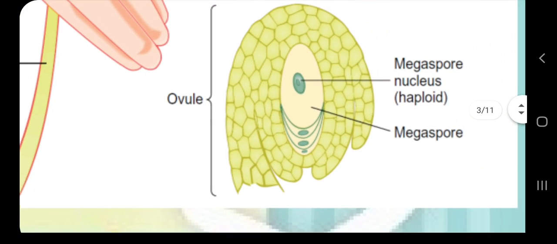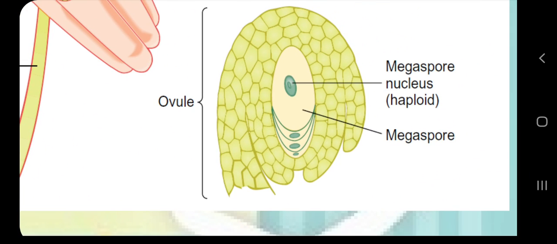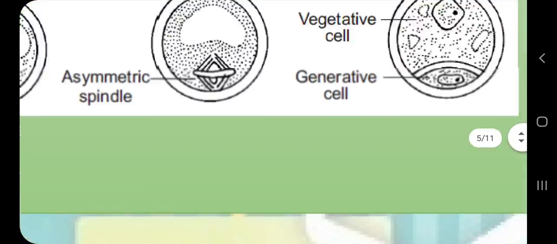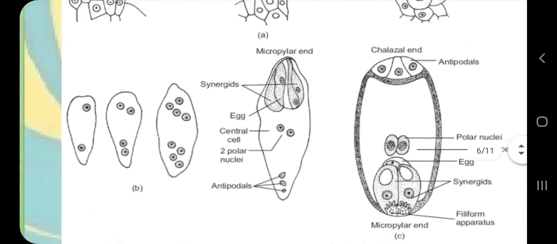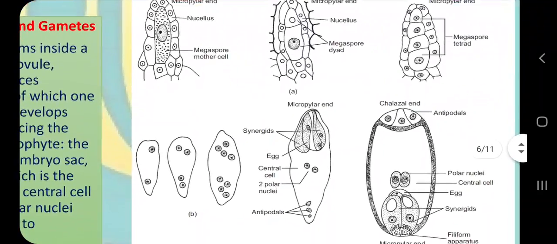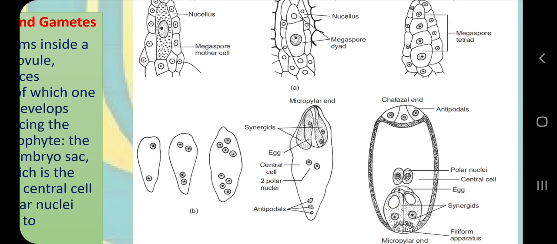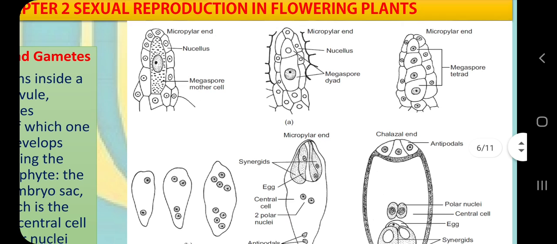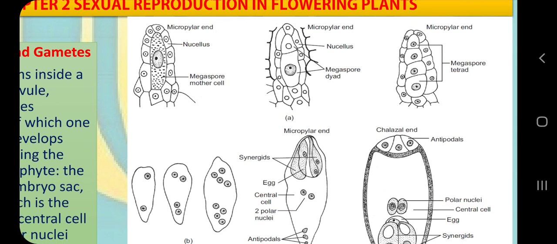So here in the ovule we have seen the production of the megaspore, which will give rise to the female gametophyte, which is the embryo sac. This diagram is very important for the development of the female gametophyte. Previously we studied the development of the male gametophyte inside the chambers called microsporangia, or microsporangium in the singular. Now consider this.